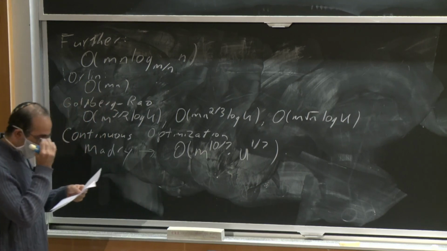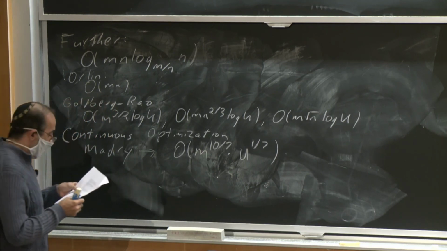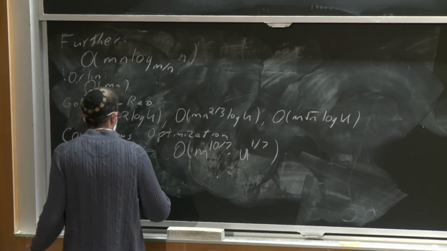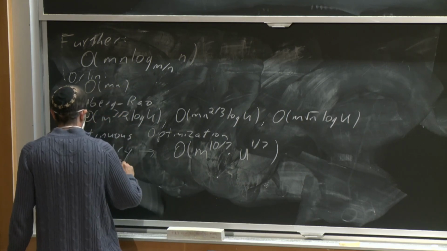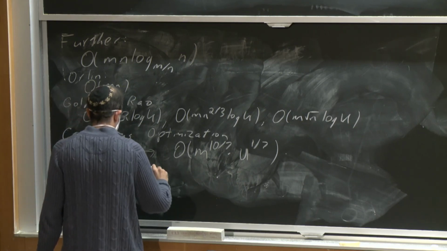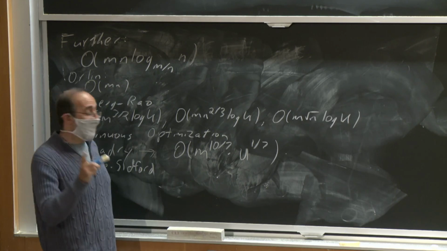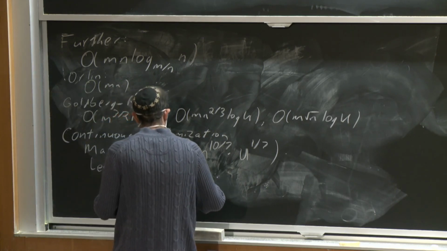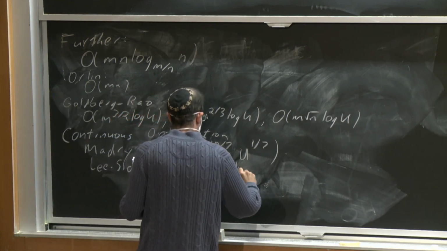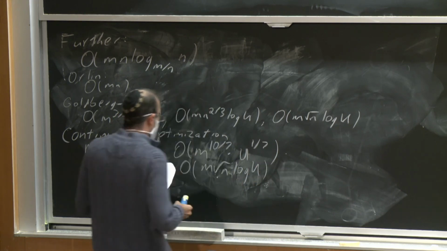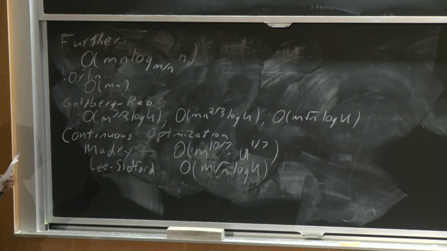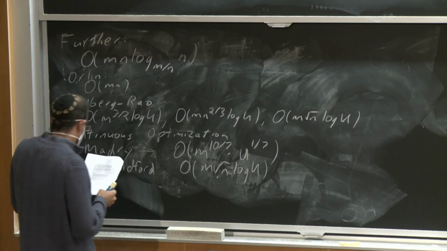And in follow-on work, they managed to push it down. Some grad students here, who did take this class, but I can't take credit for their work, achieved order m root n log u for max flow, not just for the bipartite case.